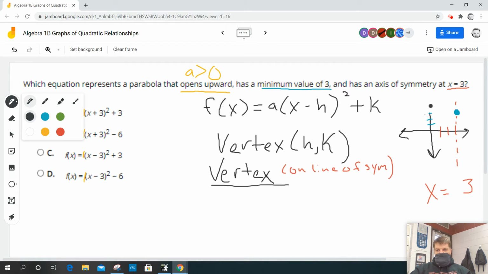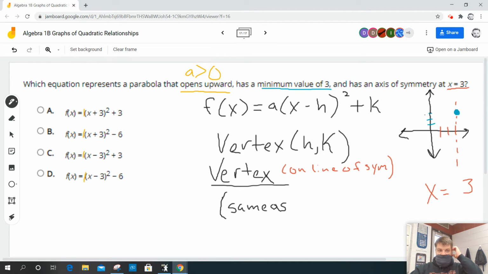So in essence, what I'm saying is that the vertex, the x value, is going to be the same as, well, let me write it this way so it's color-coded for you. It's going to be the same as the line of symmetry.